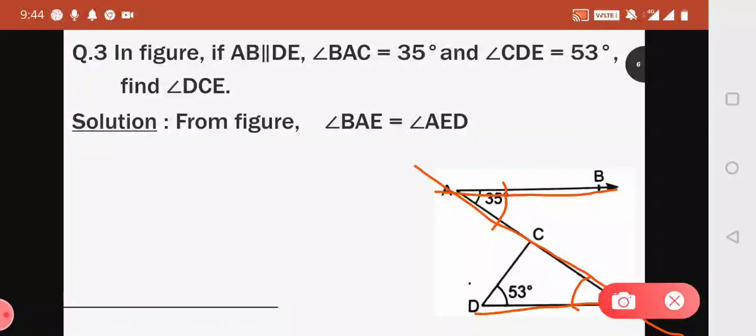These two angles will be equal because they are a pair of alternate interior angles. Once again, angle BAE will be equal to angle AED, as they make a pair of alternate interior angles when two parallel lines, AB parallel to DE, are intersected by a transversal AE.